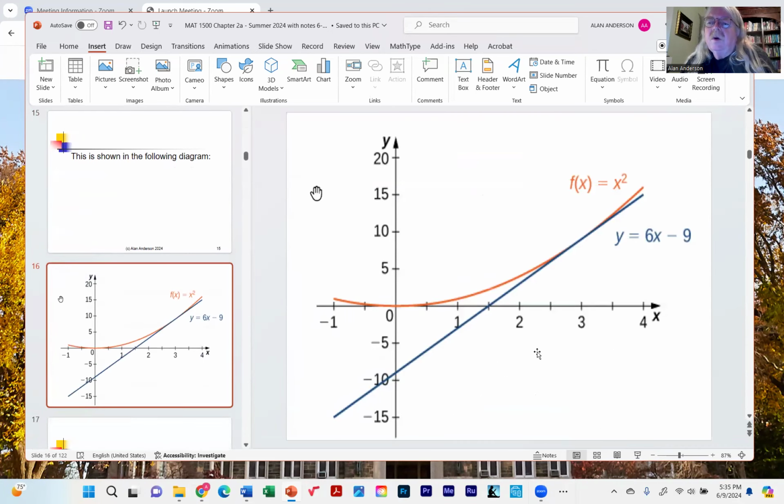Okay, so this is what it's supposed to look like. At exactly 3, you notice how the slope is 6. Okay, so right there at that point, the derivative is 6.